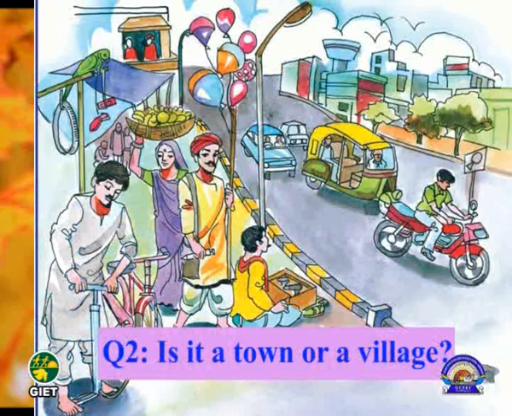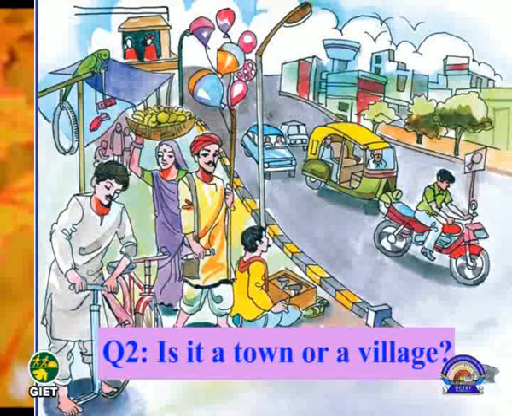What is the difference between a town and a village? Now, even in villages in our country we find good roads and everything. Then how can we differentiate? We can differentiate based on traffic, number of people, type of buildings, and of course type of road also.